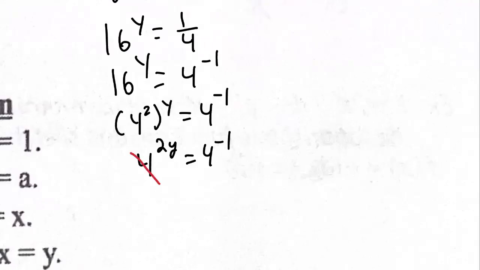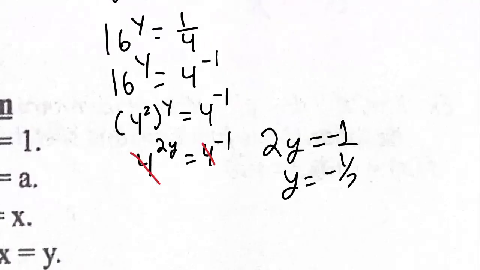Once you have the same base, you cancel them out. 2y is equal to -1. y is -1/2. So that's how you solve these problems without using a calculator. You kind of have to use your conversions of exponents. Does anyone have any questions?